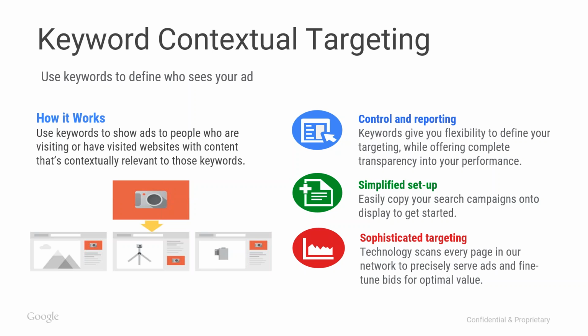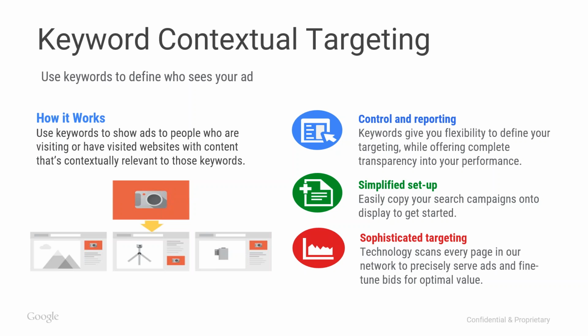Now, as I mentioned, we have access to millions of websites, but we definitely do not want to show our ads across these millions of websites to anyone. We would want to be as targeted as possible. So what are the different ways that we can target this huge network?